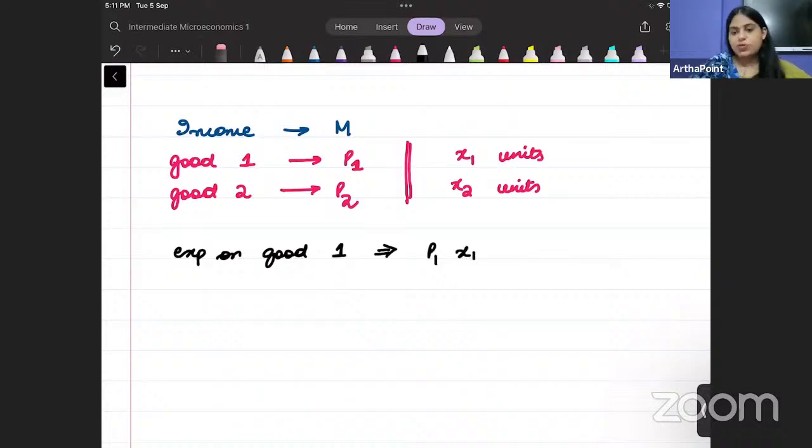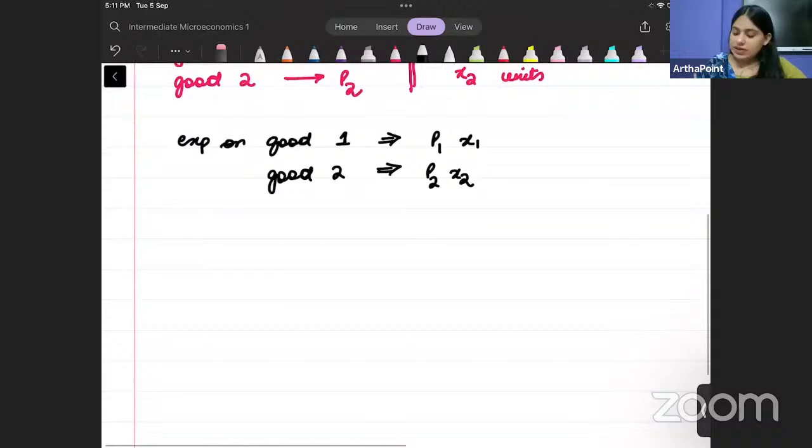I am buying X1 units, each at price P1. So the expenditure on good 1 is going to be P1 X1. Clear? What is going to be the expenditure on good 2? That will be P2 X2. Isn't it?